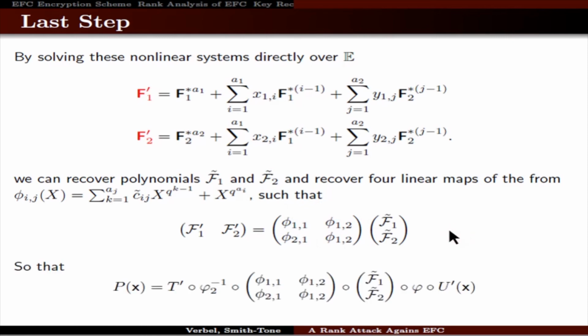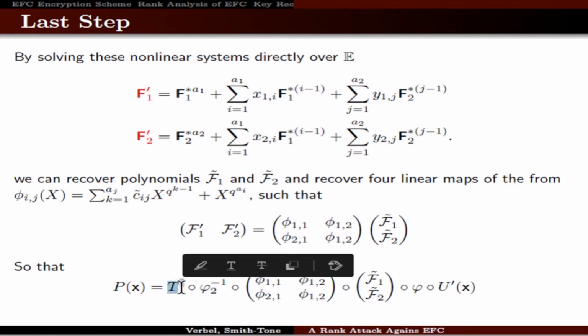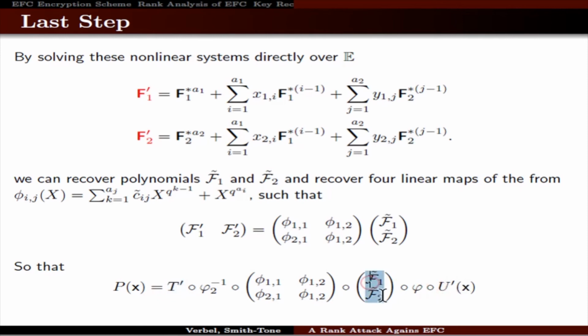So this is our last step, so that our public key and our central polynomial are going to look like this. We not only found P1, P prime and U prime in our central map, but also a linear map given like this.